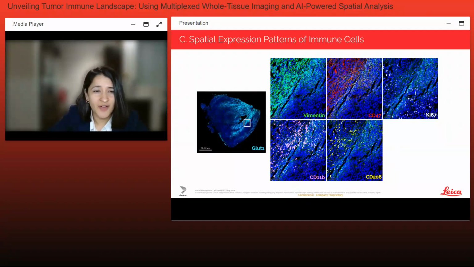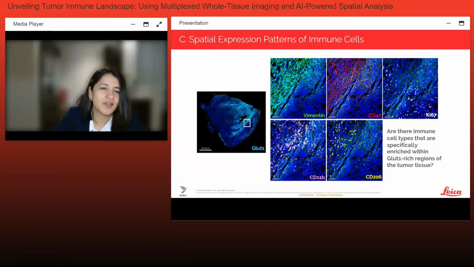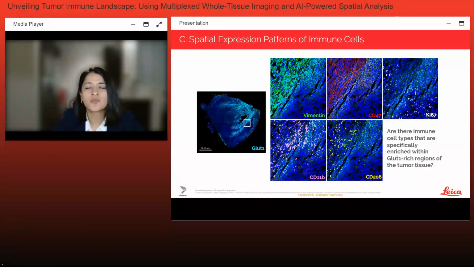For example, vimentin, shown in green here, CD11b, shown in pink, CD206, shown in yellow, CD47, shown in red, but not so much in Ki67 positive cells that are shown in white here. And this makes us wonder if there are specific immune cell types that are enriched within GLUT1-rich versus GLUT1-poor regions of the tumor tissue.